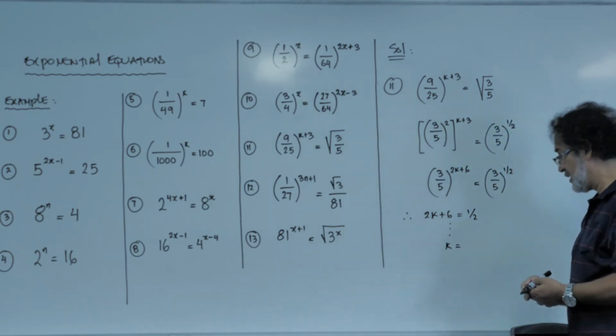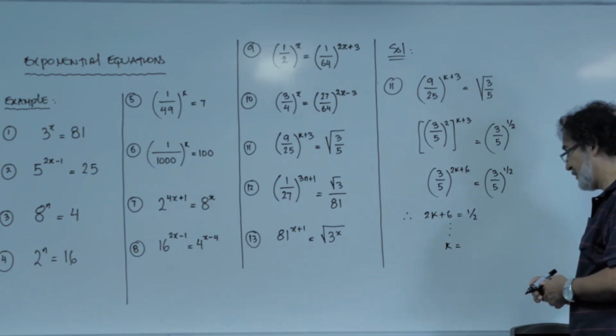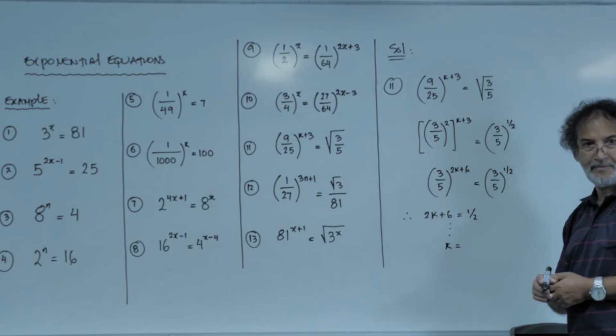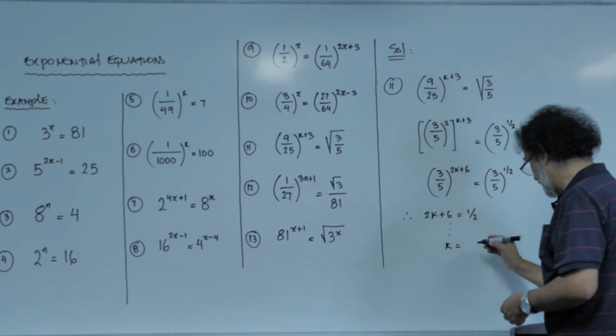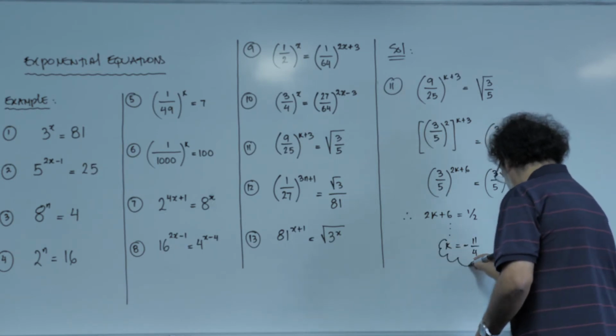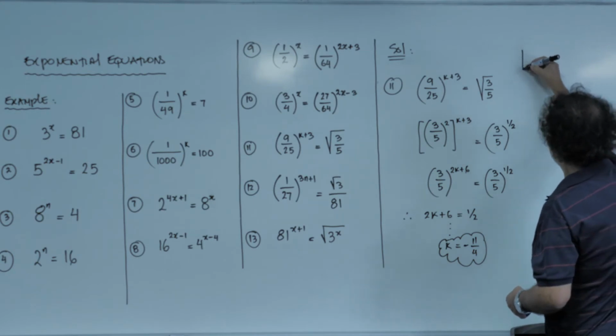So therefore, k equals negative 5.5 divided by 2. I can do negative 11 over 4. Right. Very good.